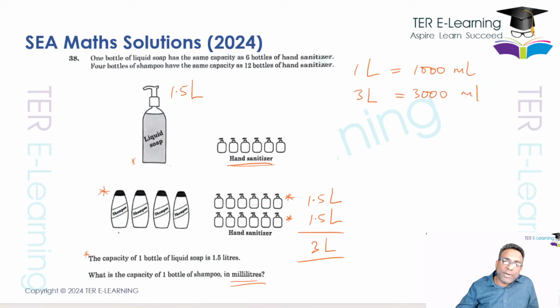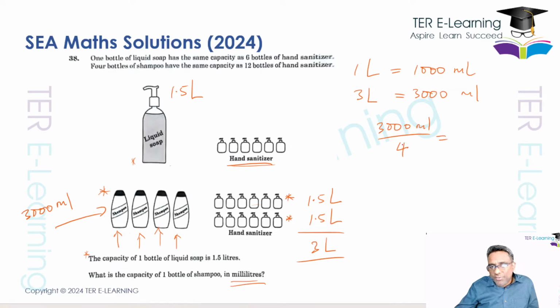Now if you want to get the volume or the capacity of 1 bottle of shampoo, which is what they're asking for, all I need to do is to take 3,000, because I know that the total capacity of all the shampoo here is 3,000 milliliters. So we're going to take 3,000 milliliters and divide that by 4 because you have 4 bottles of shampoo.